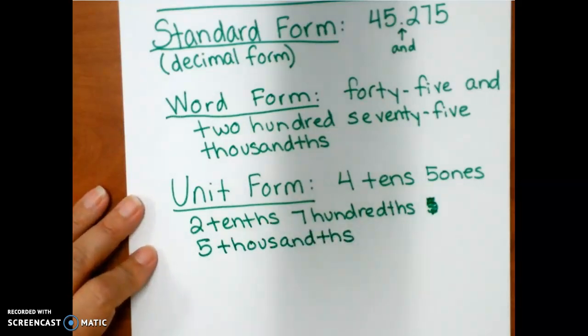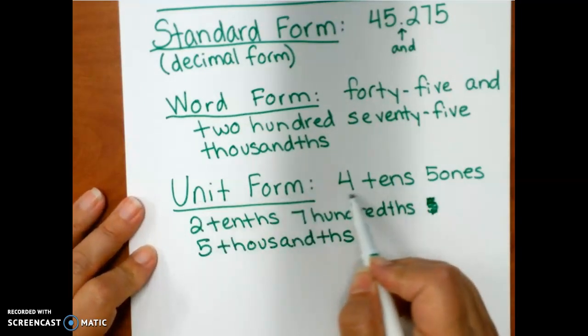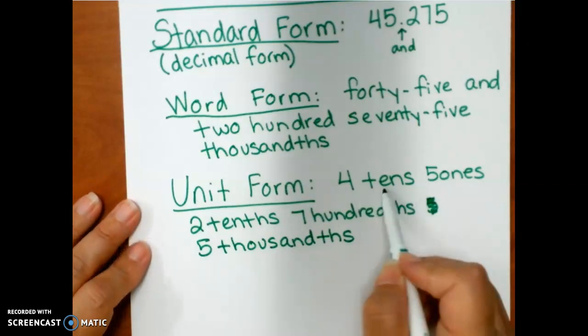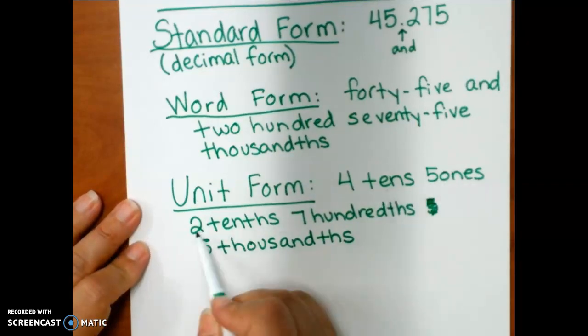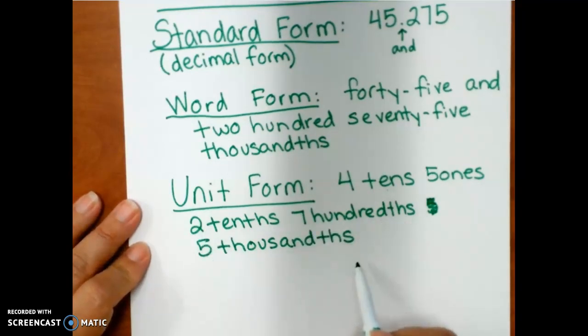So in unit form we use the number of each unit that we have. So we have 4 tens, 5 ones, 2 tenths, 7 hundredths, 5 thousandths.